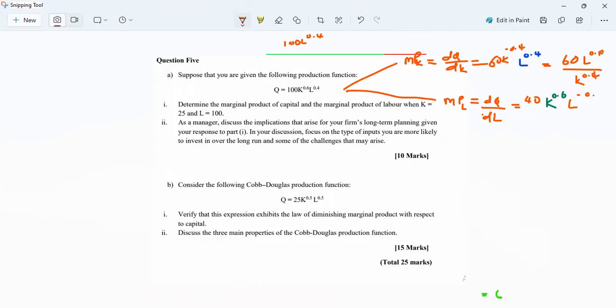Excellent. Then how do we put it in positive index? Which guy goes down? The L, right? So we're going to have 40K^0.6 over L^0.6. All together.